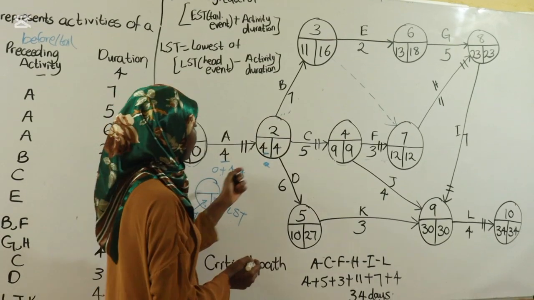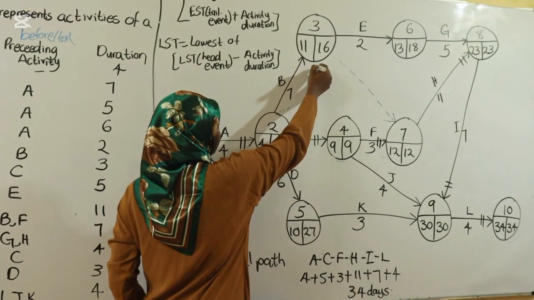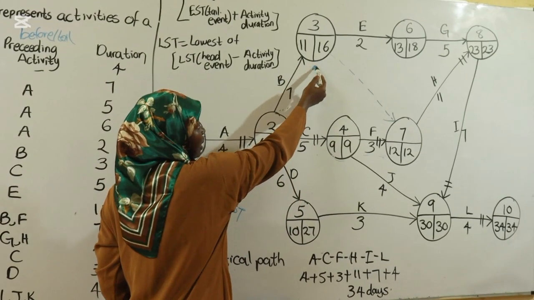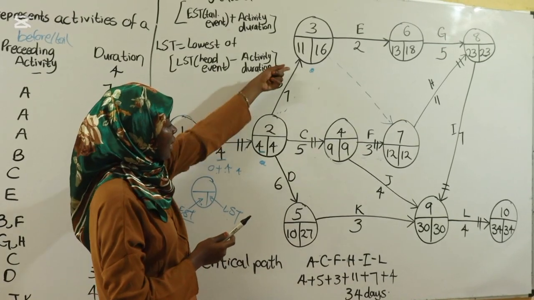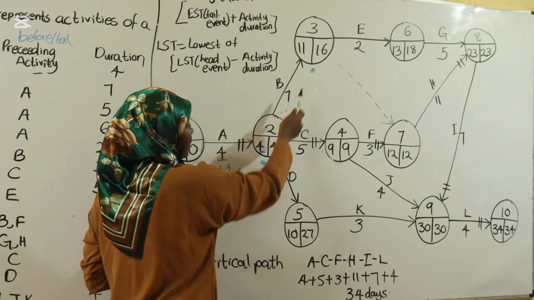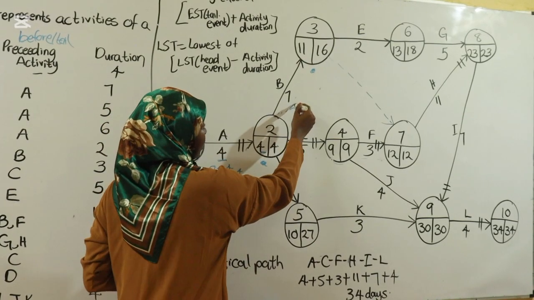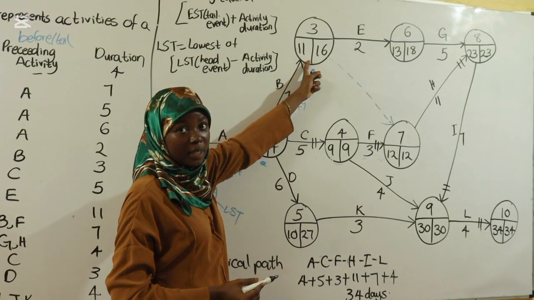Okay, so you go to your next one. This is where you're standing, and you want to calculate the EST. Now when you're in this node, the tail event changes. It does not become this; the tail event is going to be this. So the EST of the tail event is 4 plus the activity duration, which is 7, to give you 11.